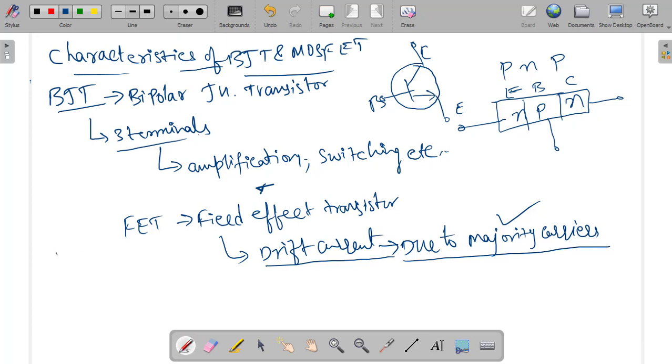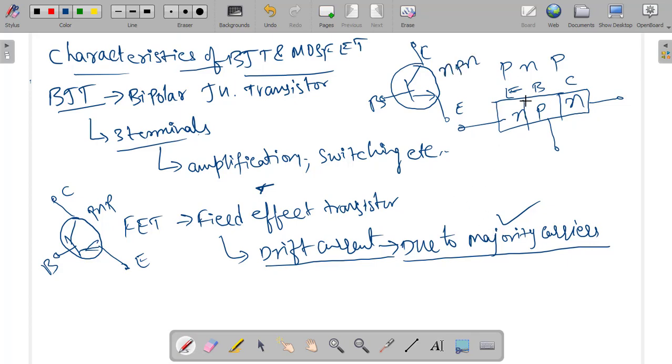For NPN transistor, the structure will be like this, the current will be in this direction. This is your collector, this is your base, and this is your emitter. This is your PNP transistor. This is NPN transistor.